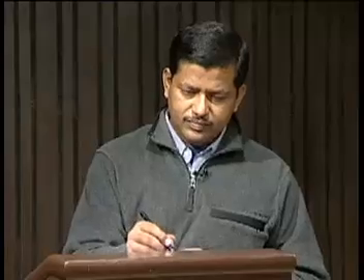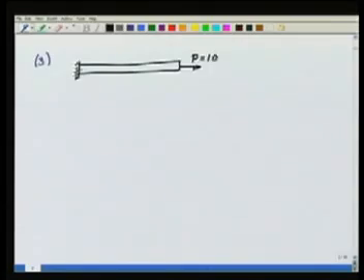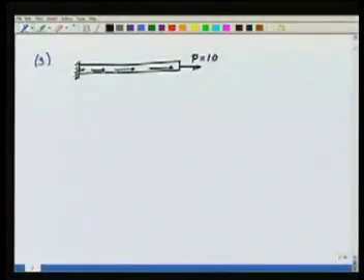Let's take the third problem. I keep everything fixed as in problems 1 and 2, but here I am applying an f of x which is linear, given by f of x equal to x.